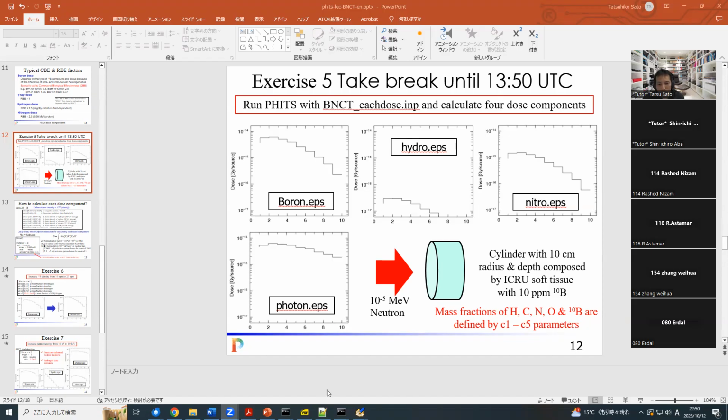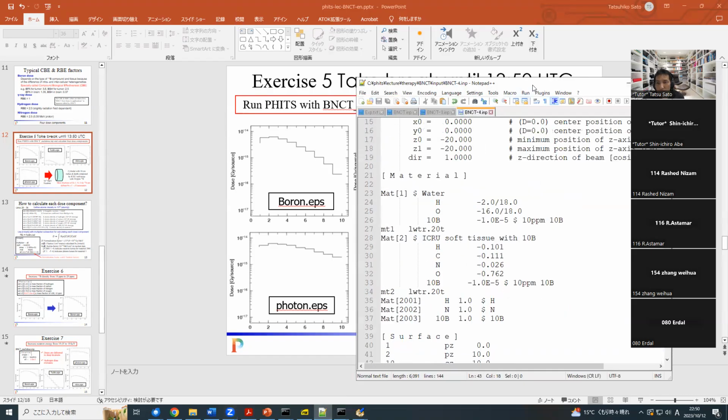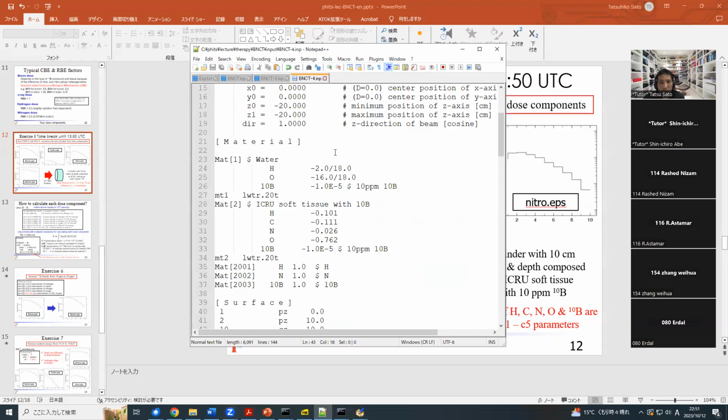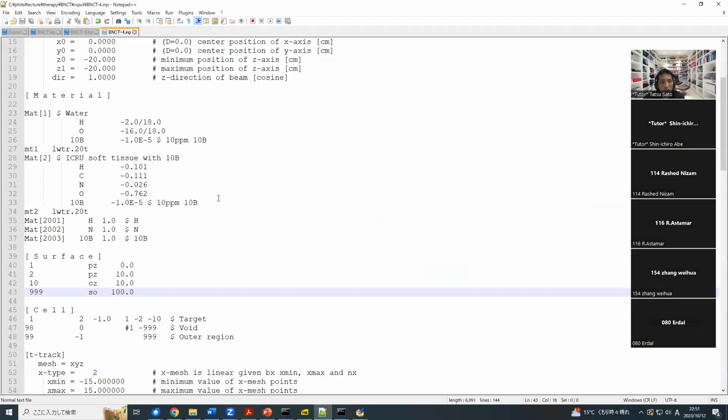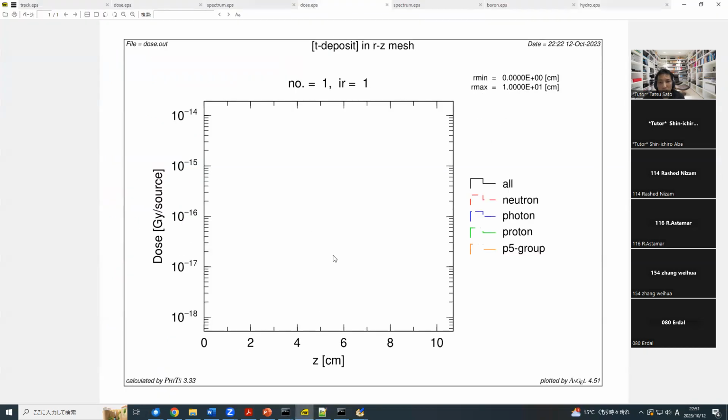So in the previous input file, for example, bnct-4.imp, if you run fits with this carbon definition, we get some very strange data, no dose.